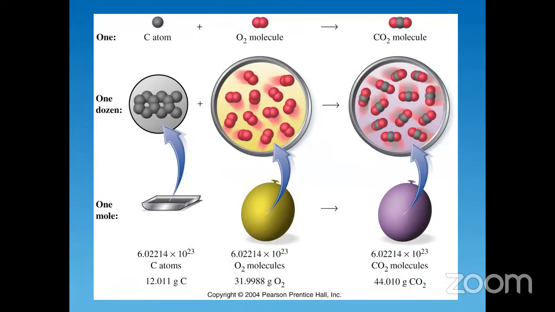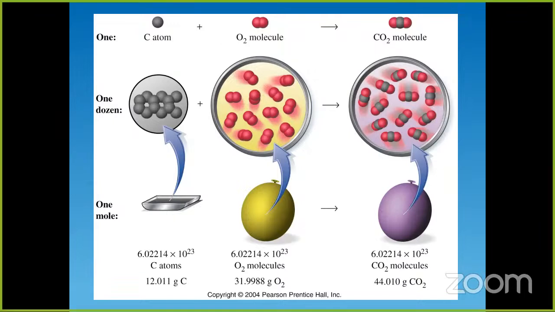Okay, so just to show you the relationship between the number of atoms and the mole unit, we're using this reaction as an example. The reaction between carbon and oxygen to form carbon dioxide. And this is chosen because it's a relatively simple equation where you have a 1:1:1 mole ratio between the reactants and products, right?